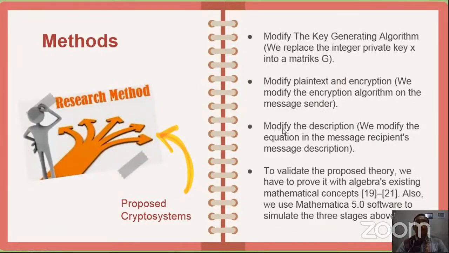The third step, modify the decryption. We modify the equation for the message recipient in decryption. To validate the proposed theory, we have to prove it with existing algebra mathematical concepts. Also, we use Mathematica 5.0 software to simulate the three steps above.